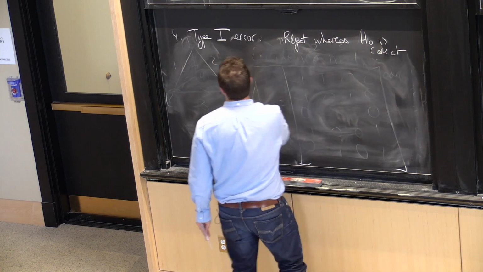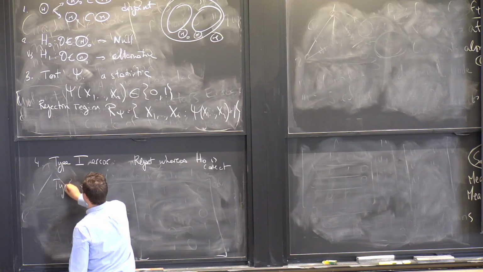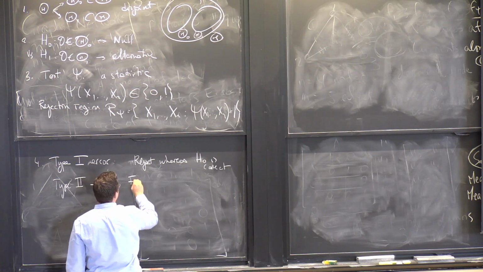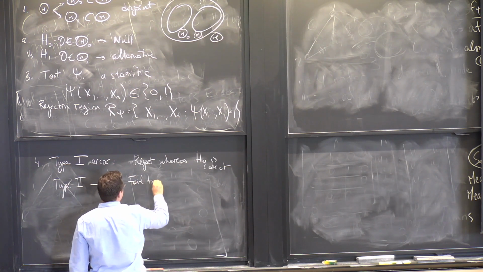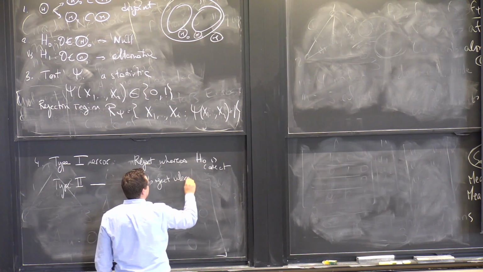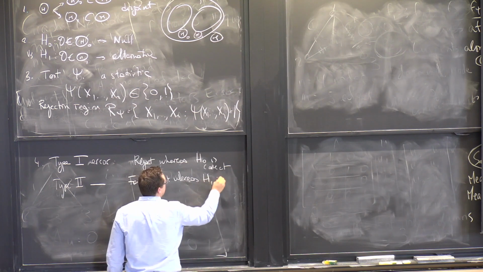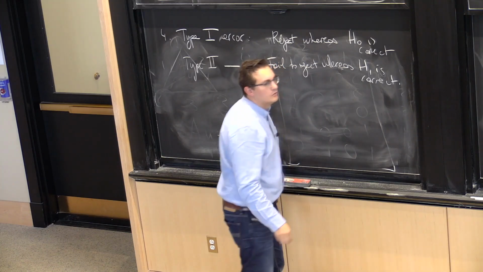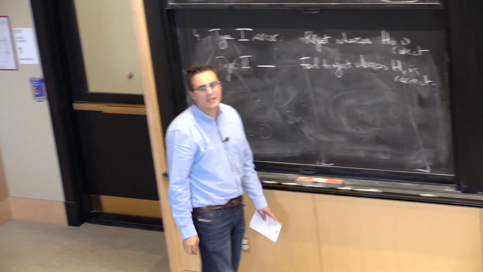And the type 2 error is the opposite: you fail to reject whereas H1 is correct. Those are the two types of errors you can make.